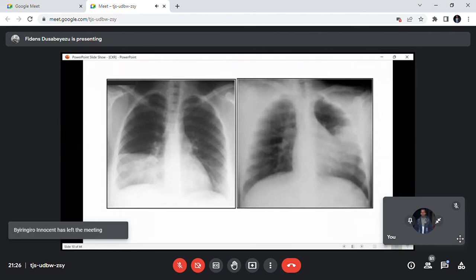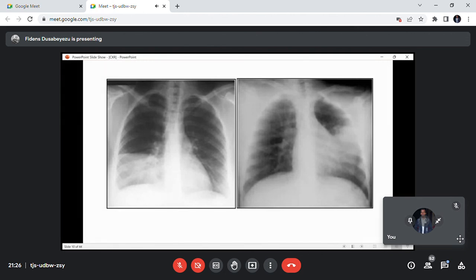either what you call airspace disease, as alveolar disease, as in consolidation, or any other disease in the alveoli, or you can have interstitial lung disease, where you can have different A, B, C, D opacities.